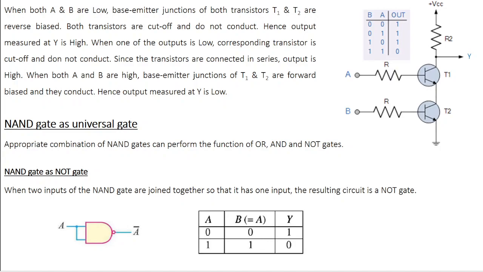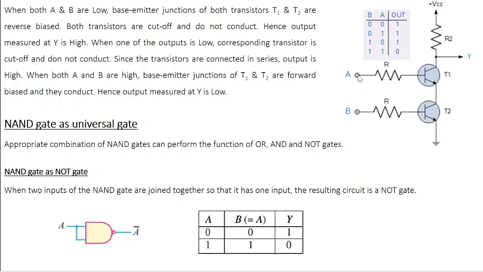The output current or collector current is 0. So basically, when A and B are low, both these transistors do not conduct. Current originating from this positive terminal, since it cannot flow through the transistor, will come to the point Y. So you have a high output. So when both A and B are 0, output is high.